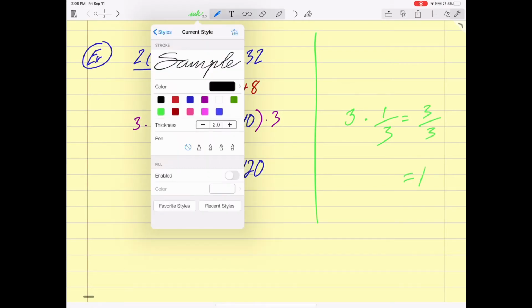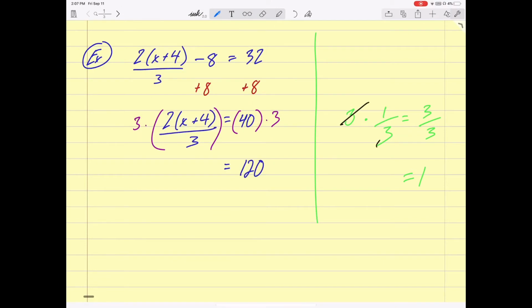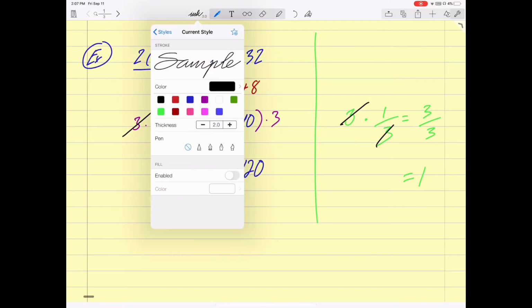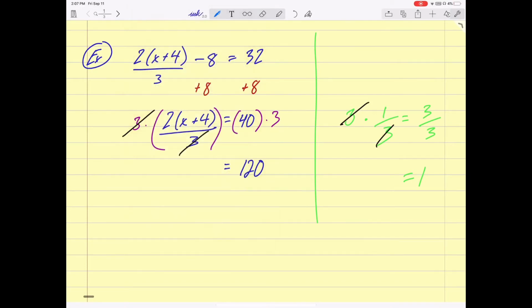So what exactly happened right there? These just canceled. Instead of distributing the 3 through all of that, all you're really doing is canceling the 3. So now we have 2 times x plus 4 equals 120.